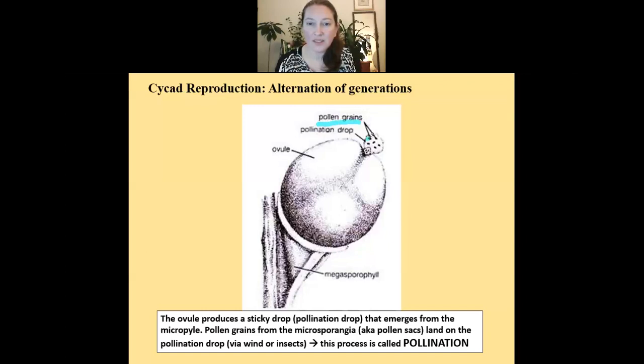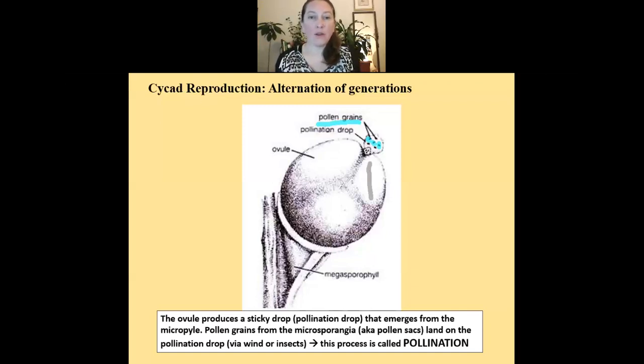Each of these little dots, 1, 2, 3, each of those little dots is a pollen grain, and which would have come from a pollen sac. And if the pollen grains are lucky, they'll land on an ovule.